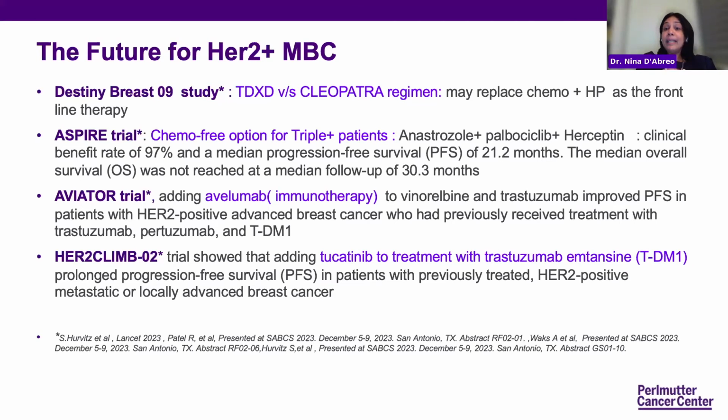We might have a completely chemo-free option where we're combining the aromatase inhibitor along with Ibrance and Herceptin in triple-positive cancers. We might be adding immunotherapy, because so far we have not really seen immunotherapy as commonly accepted in triple-negative cancer. And we might be seeing these smart combinations where we take an oral pill and we use a receptor blocker at the same time to block the HER2 receptor better.